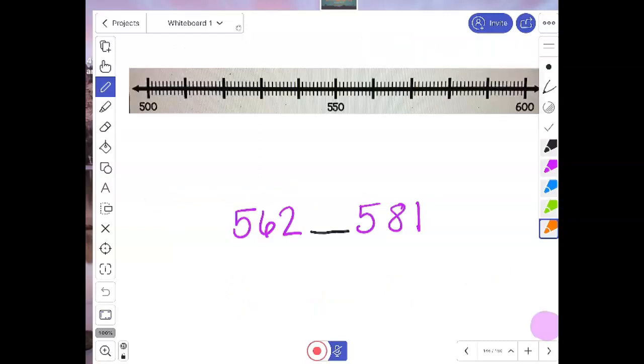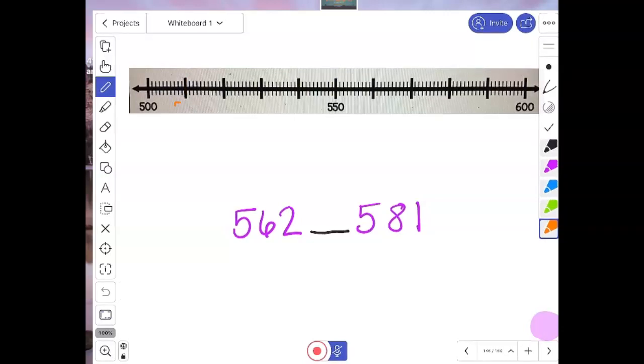Okay, so those were basic numbers. Now we're going to look at some numbers that are more third grade level. 562 and 581. So I have a little picture of a number line for us up here. I'm going to find 562. It looks to me like this number line, the big thicker tick marks like this one, those are skip counting by 10, while these little itty bitty ones are all counting by 1.